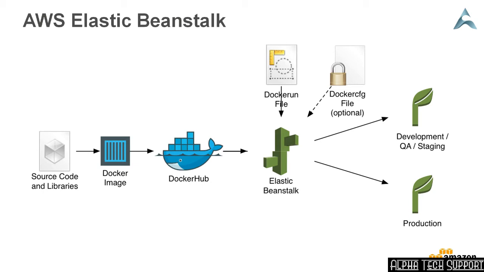Then Elastic Beanstalk takes the Docker run file, Docker configuration file, and your Docker Hub information and source code, which is packed with Docker image, and then it leads to development, quality assessment, and staging, as well as production stages. So it is a component of the DevOps process.